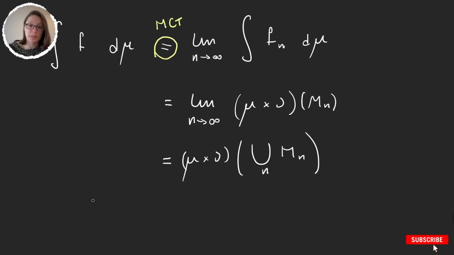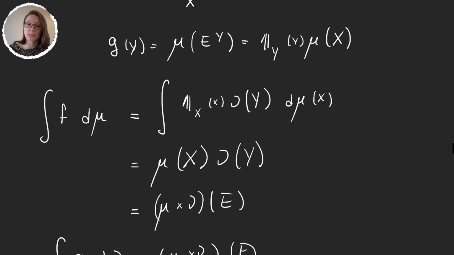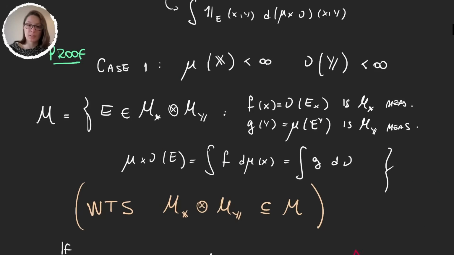In the same way, now for g, we can integrate g with respect to nu. And again, using the monotone convergence theorem, we can say that this will be equal to the measure of the union, which is exactly what we wanted because this shows us that this set satisfies this property here.